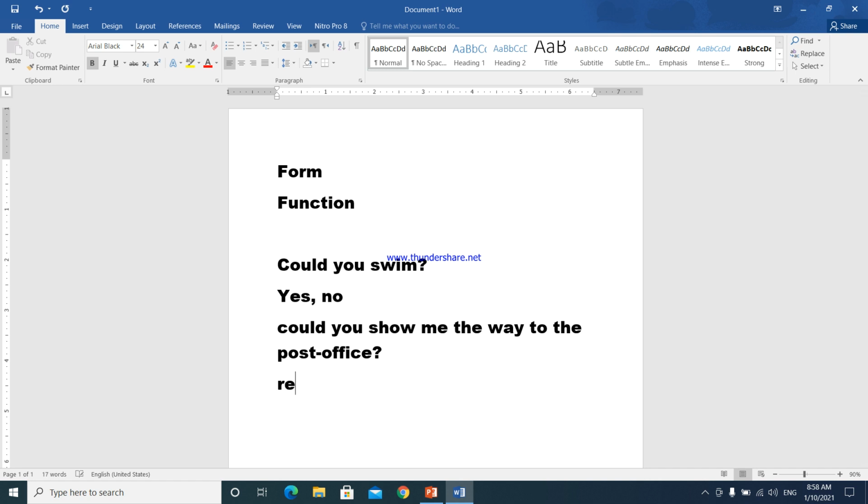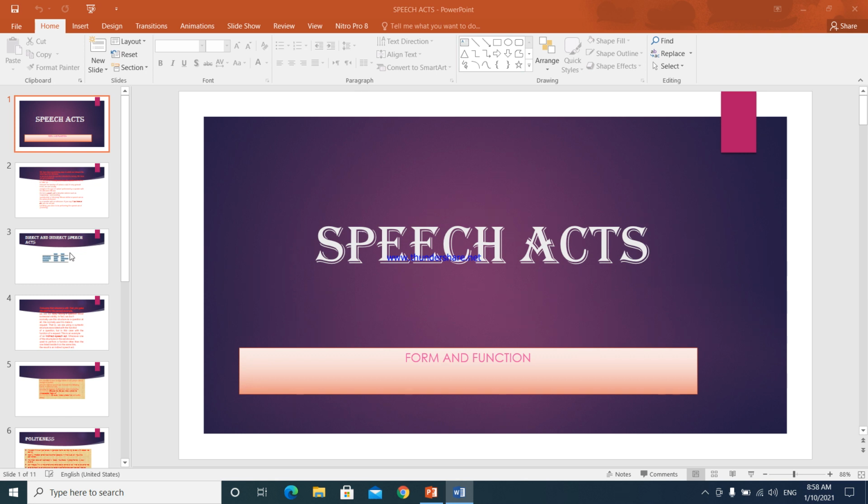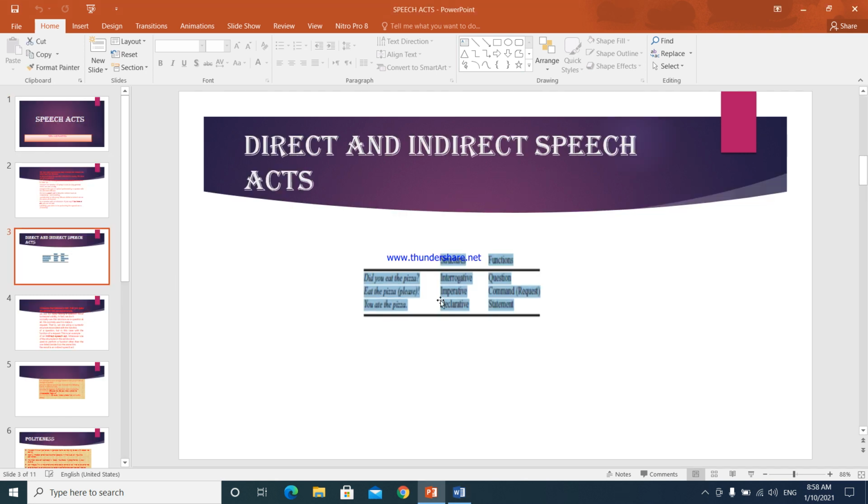This is a request. The speaker is asking the listener, in a polite way, to give him the directions to the post office. This is not a yes-no question, but both of them are constructed like questions, and actually we need to make a distinction, as I said, between form and function, or structure and function.